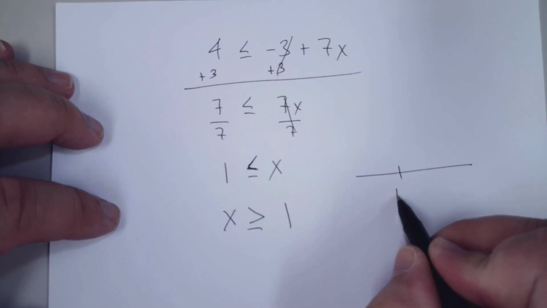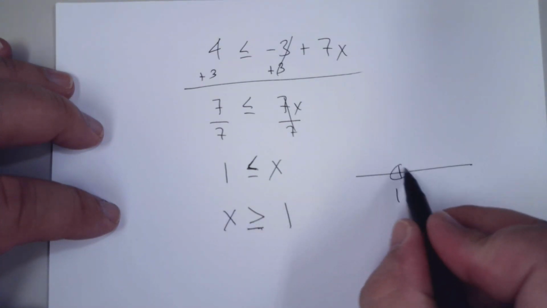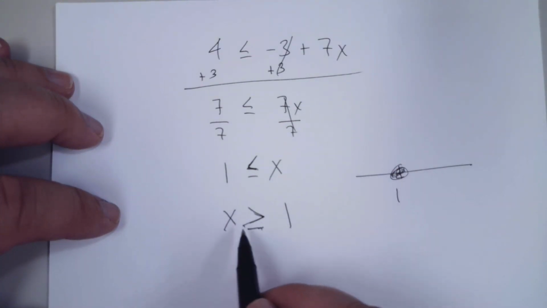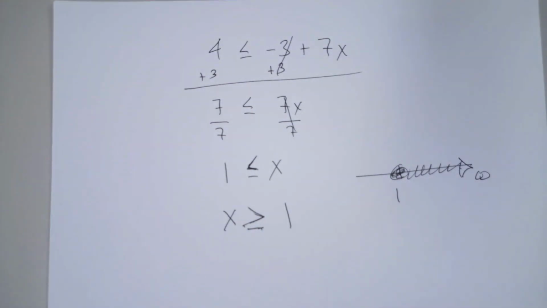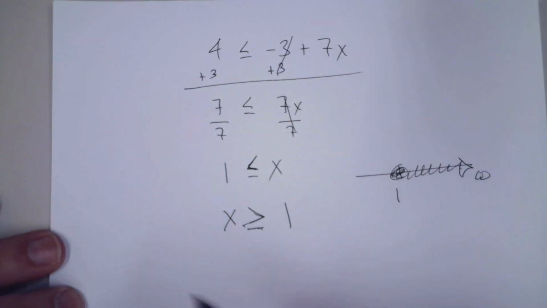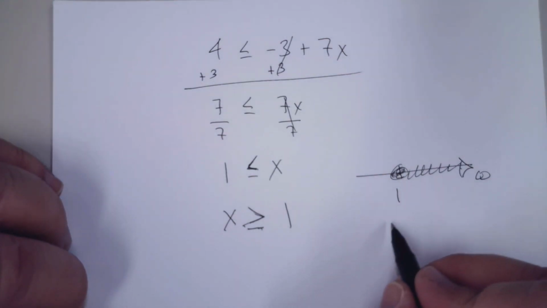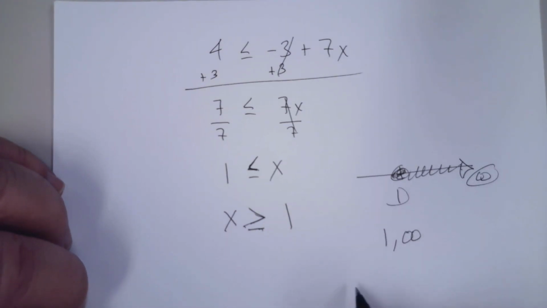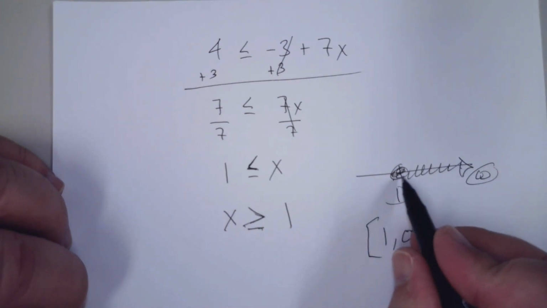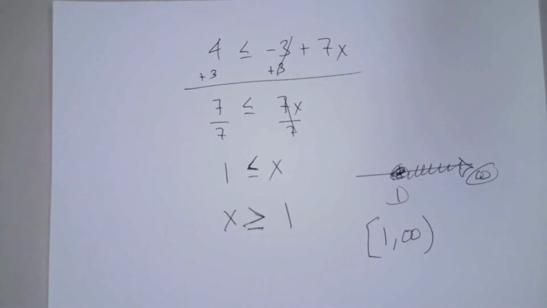So here's 1. It's a solid, and it points to the right, so it's this way, to infinity. If it goes to the left, it's negative infinity. So there's the graph. These are my endpoints. Bracket, because it's closed, parenthesis.